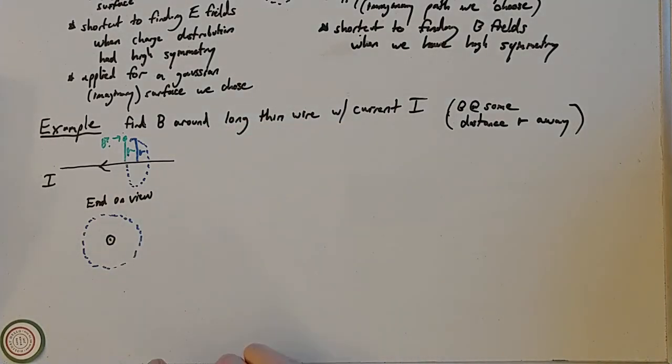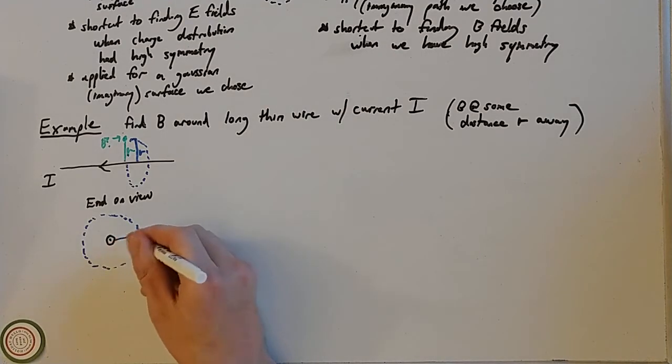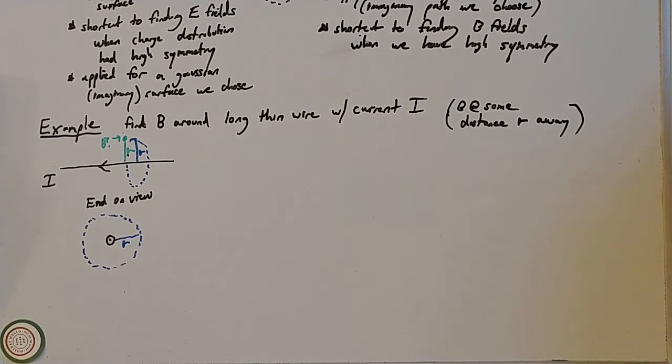Here we could draw in some of what the magnetic field looks like. Let's give this some radius r. Here's my imaginary loop with radius r. The reason I want to choose this is, one, it's a loop that's nicely taking advantage of the symmetry of the problem.